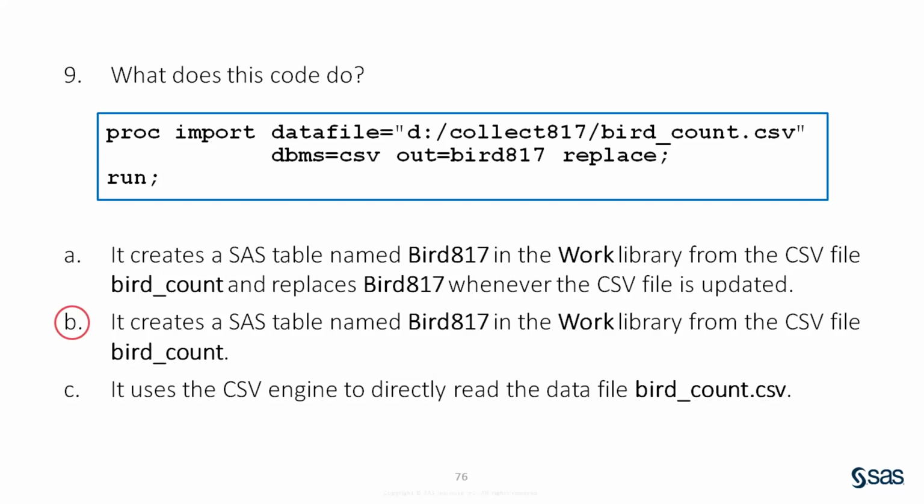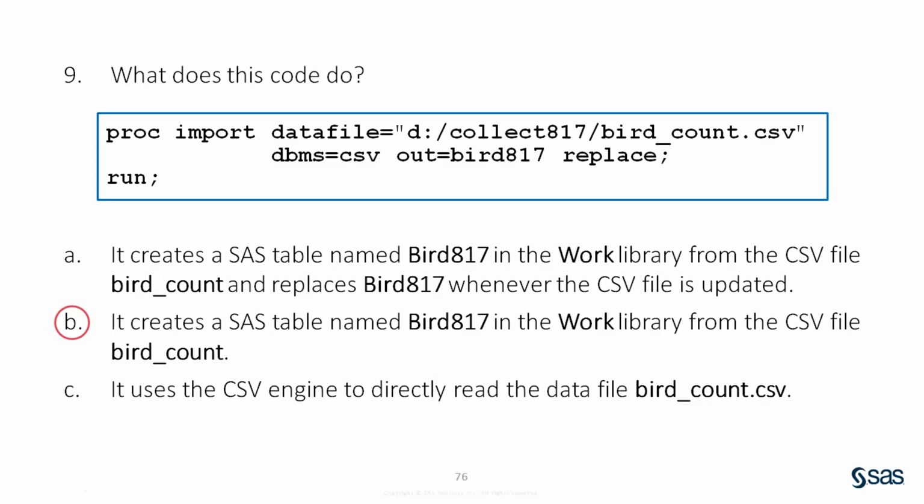The statement A very clearly says it creates a data file named BIRD817 in the work library, this is fine, from reading the CSV file birdcount, this is also fine. And it says it replaces whenever the CSV file is updated. It's not whenever it is updated at the backend; it will get updated and replaced only when we resubmit it.